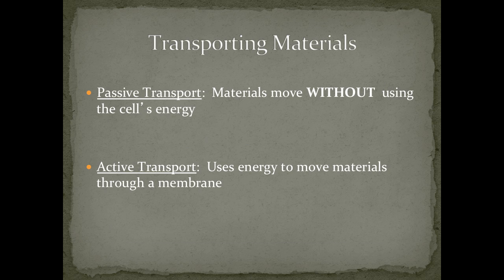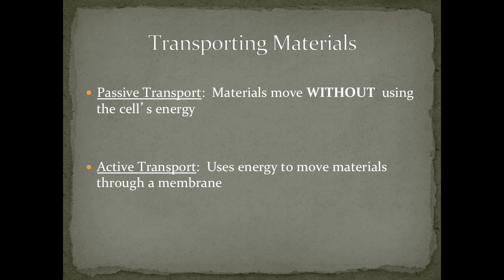All right, transporting materials. Passive transport is where materials move without using the cell's energy, meaning it can transport materials throughout a cell without using any type of energy. Whereas active transport has to use energy to be able to move the materials through a membrane, in and out.